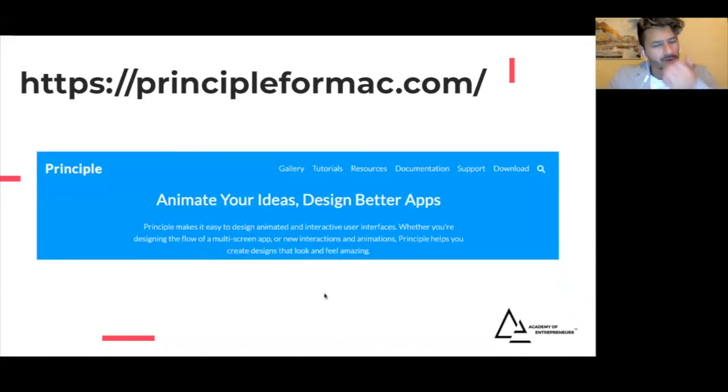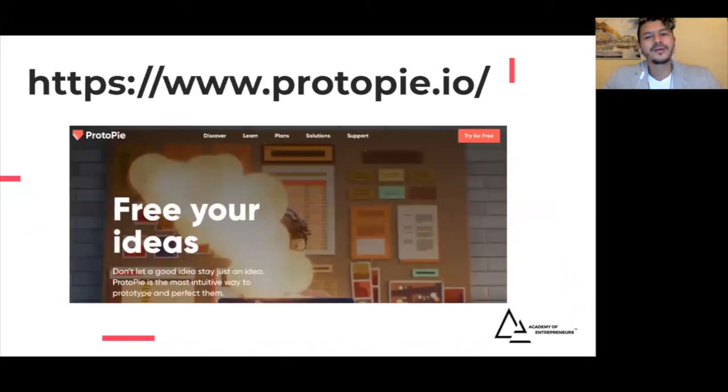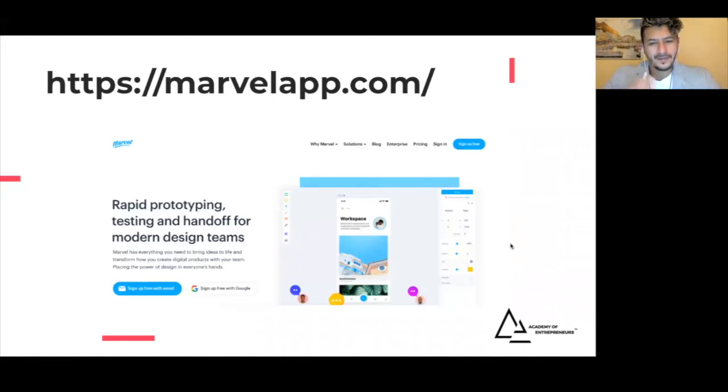Principle is another good tool to build digital prototypes. Protopie is also good. It also has a free trial that you can use to build some ideas. And the last one is Marvel app. Okay, so any of those tools can help you to put together the first version of a digital prototype.